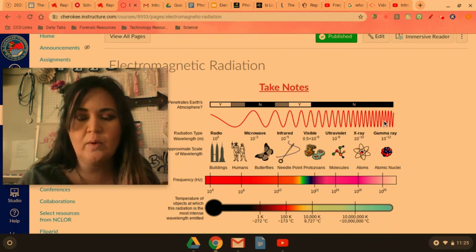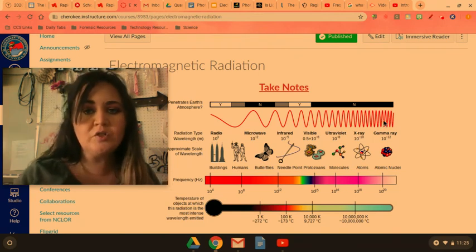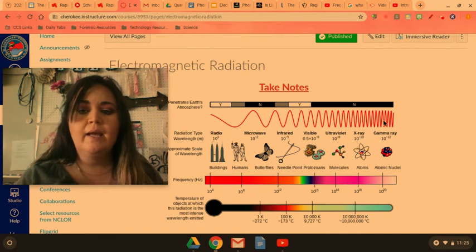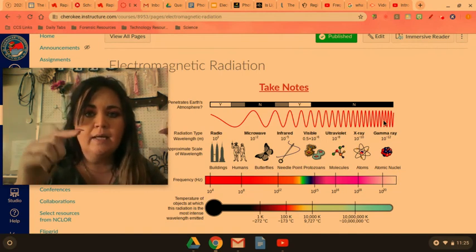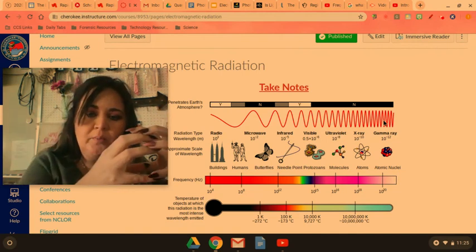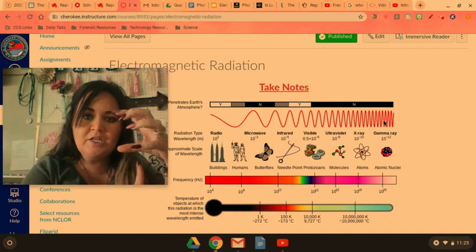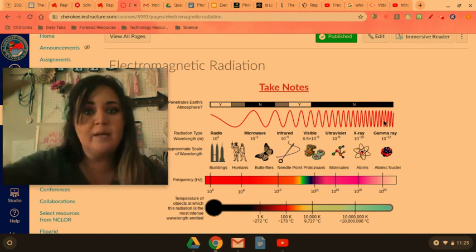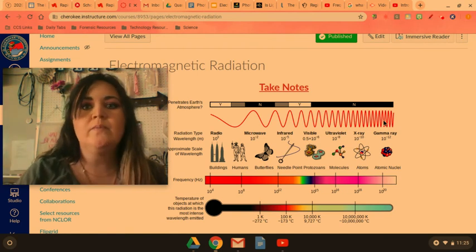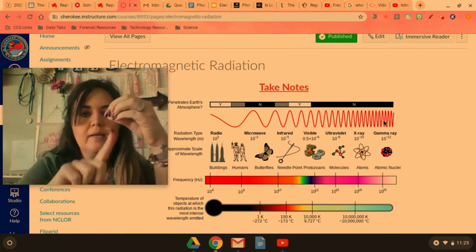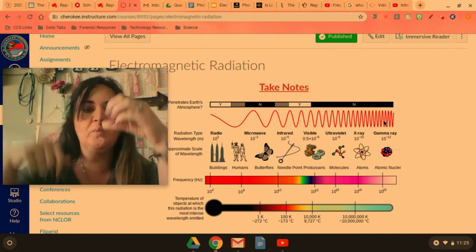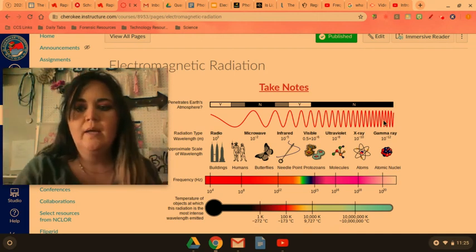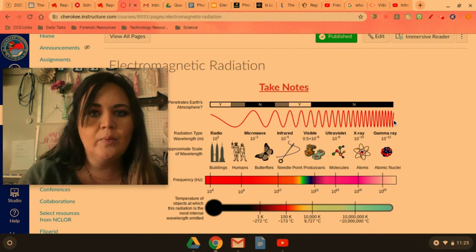Gamma rays is actually what doctors use for cancer treatment and radiation. They will pinpoint the cancer tumor and blast it in different directions with the radiation, because if they use just one beam, it would damage all the tissue around. So they divide up the radiation into multiple points and blast that tumor. So gamma rays, super high energy.